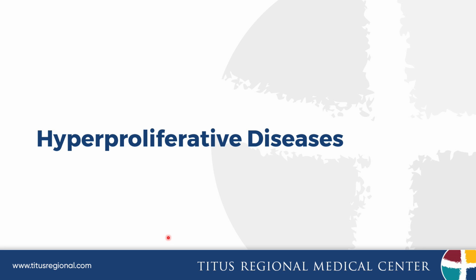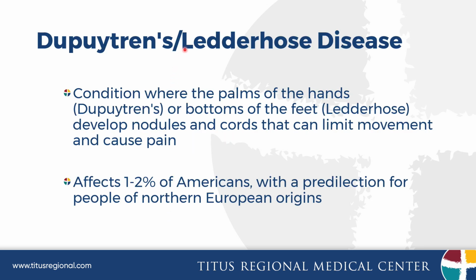The first category of diseases that I want to discuss is what we call hyperproliferative diseases. The two most common types that would fit in this category are what we call Dupuytren's disease and Ledderhose disease. These are conditions where it may affect the palm of the hands, which we call Dupuytren's, or the bottom of the feet, which we call Ledderhose.